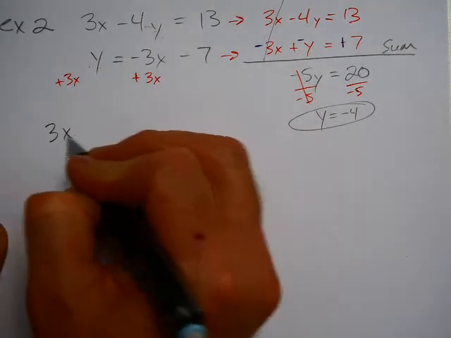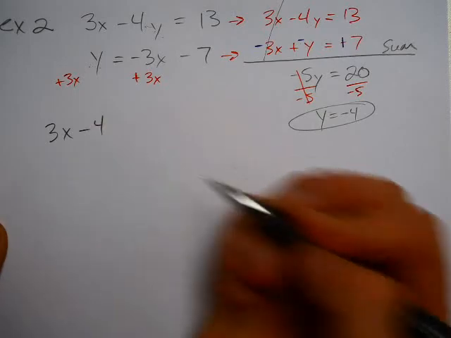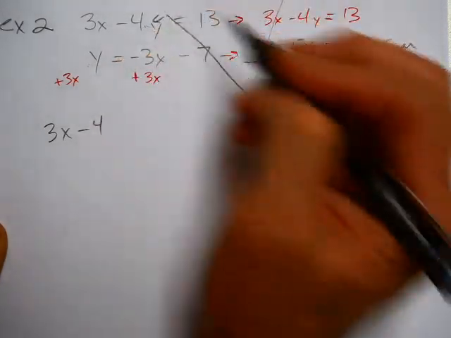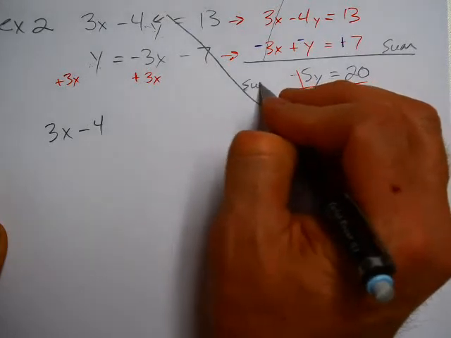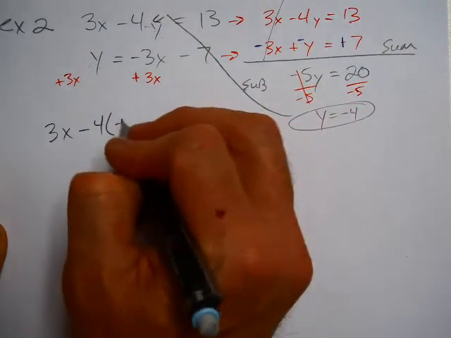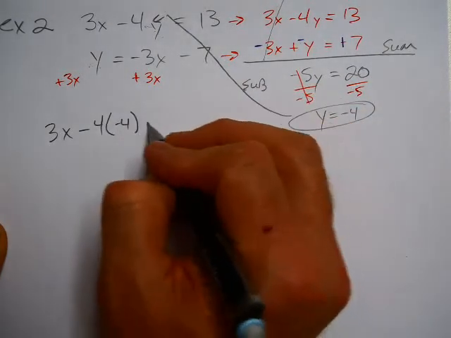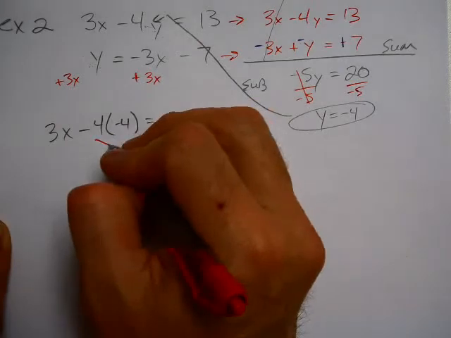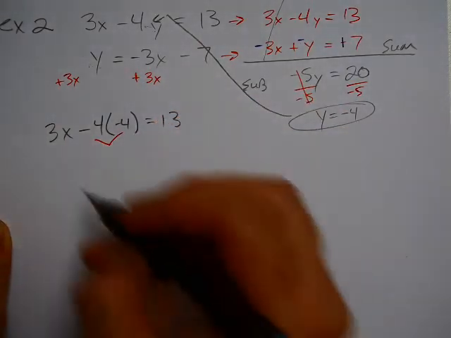So 3x minus 4. I'm going to sub in negative 4 for the y equals 13. Combine these guys, that's going to be 16.